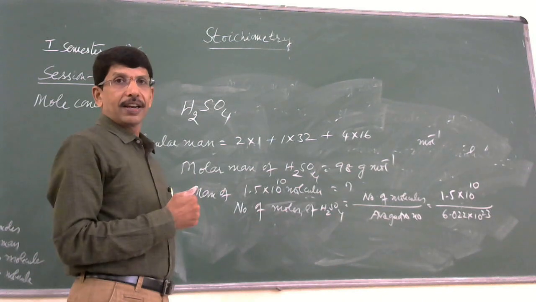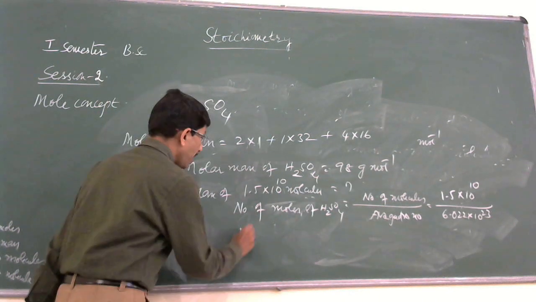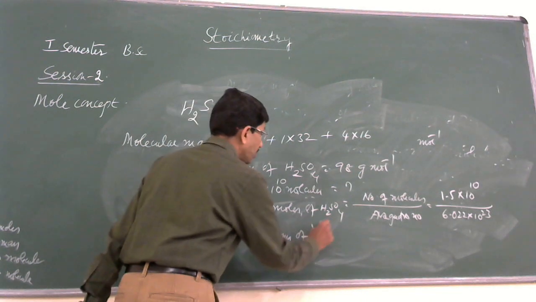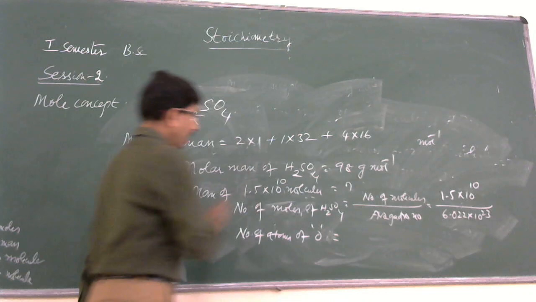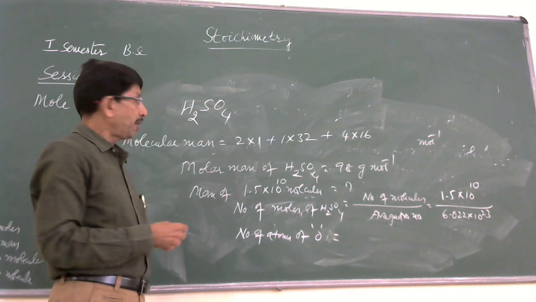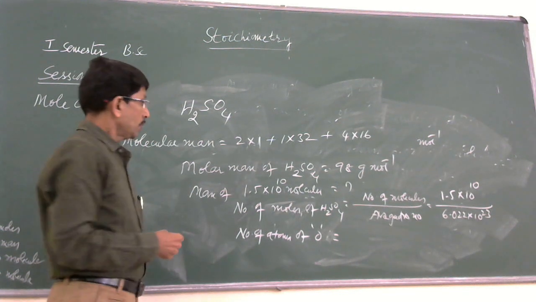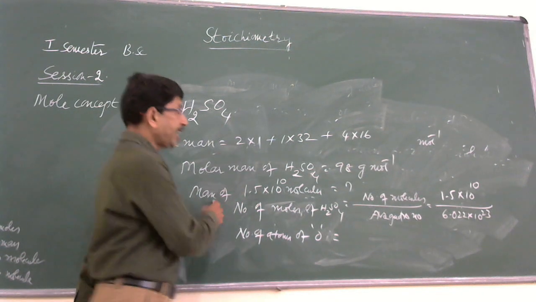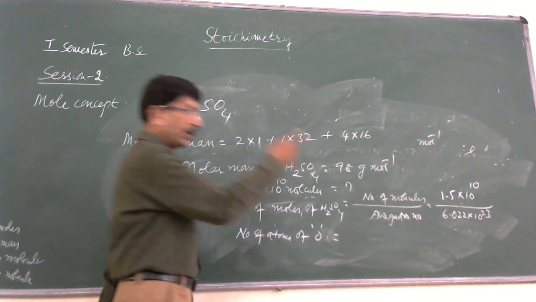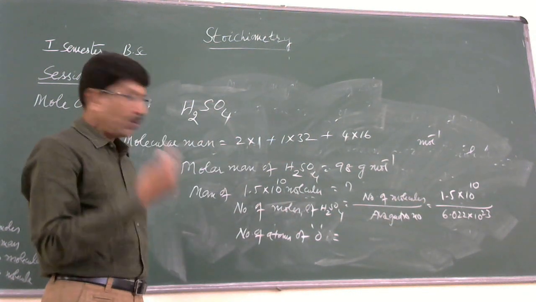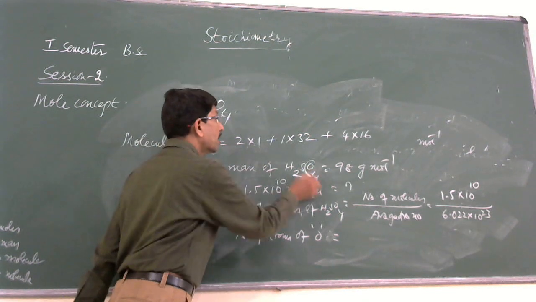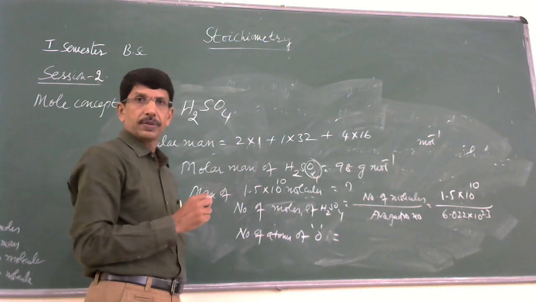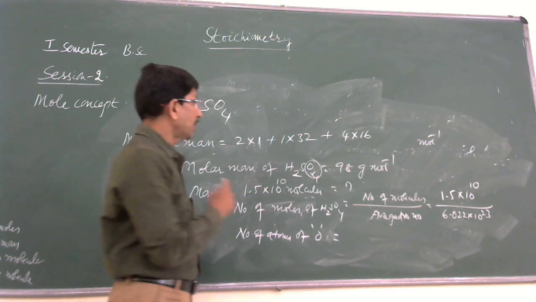We can also calculate the number of atoms of sulfur or atoms of oxygen in 1.5 into 10 to the power 10 molecules. We have calculated the mass of so many molecules. We have also calculated the number of moles in so many molecules. Now we can also calculate the number of oxygen atoms in so many molecules. So how do we calculate the number of atoms?